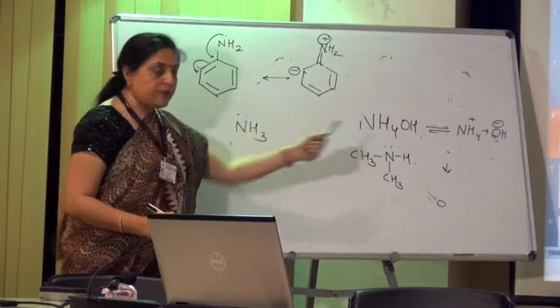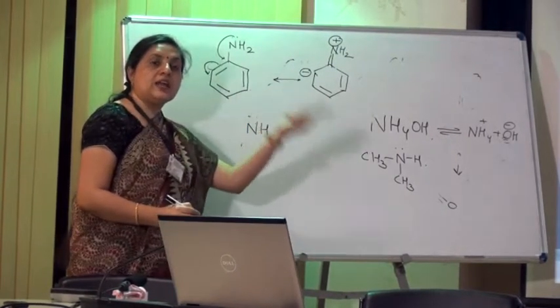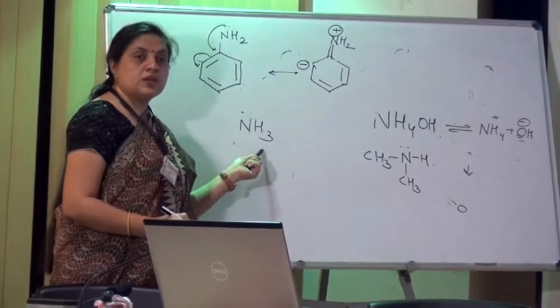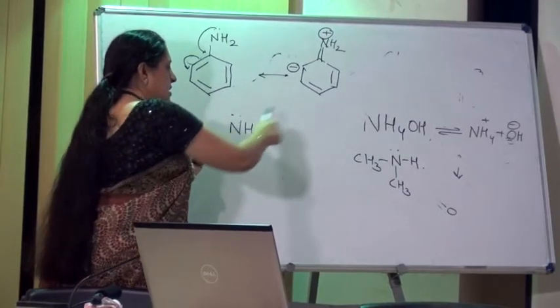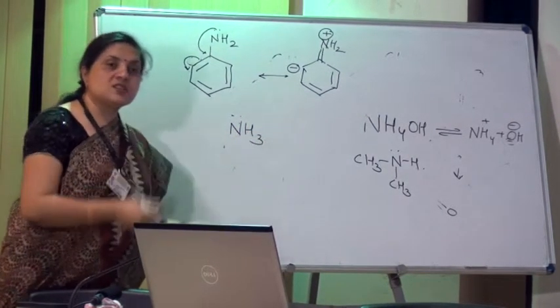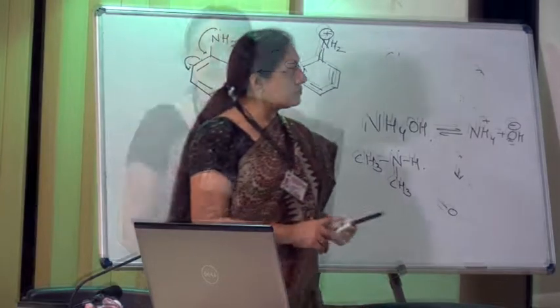Are you getting this point? But ammonia directly has a lone pair of electrons, so it can directly attack the species. Got it? So definitely this is going to be a stronger base, and this is an aqueous solution of it, so the concentration is decreased now. Got it? That is the reason behind it.